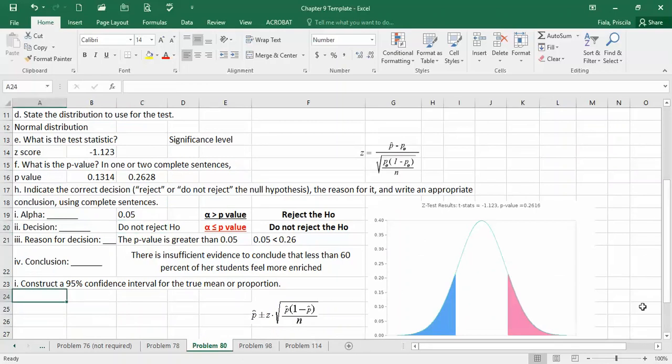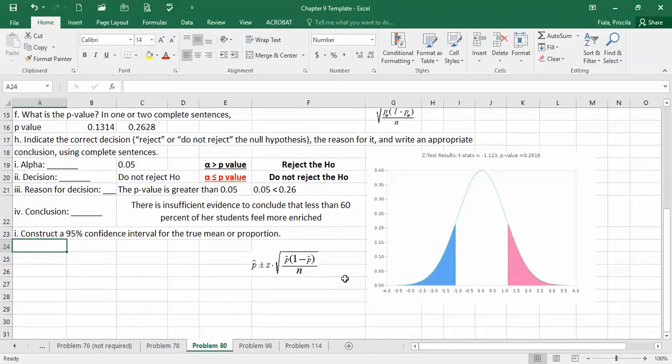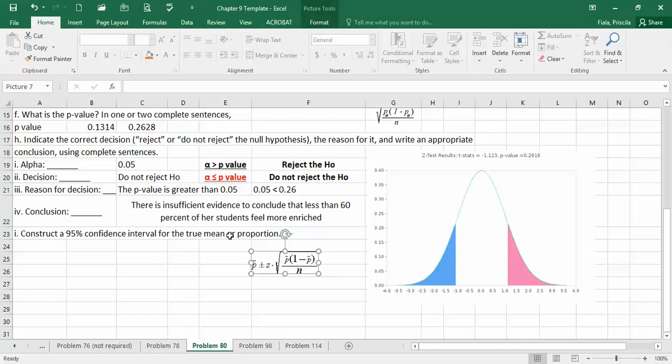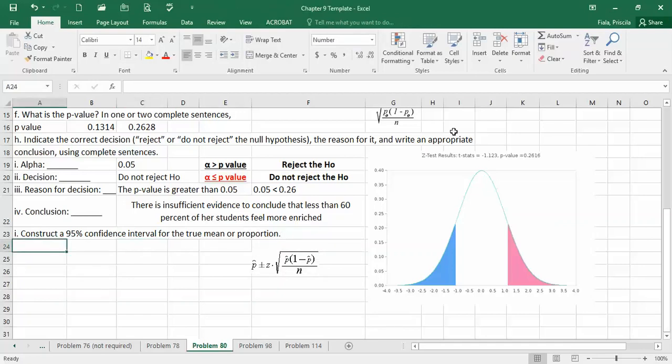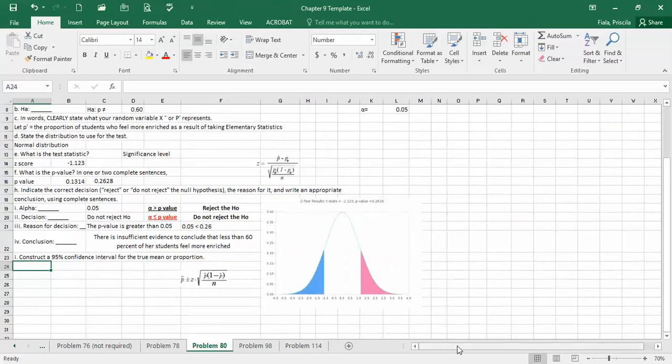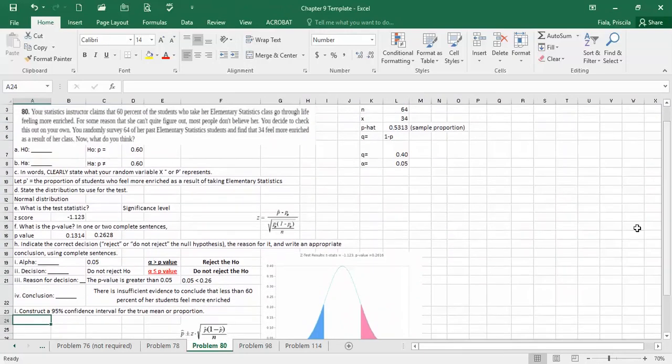Okay, now to construct our confidence interval, I have put the formula right here. I don't know if it's going to be too small for you to see, because I want you to see all the values. We know for a normal distribution at a Z table at 95%, by now you should know by heart it is 1.96.